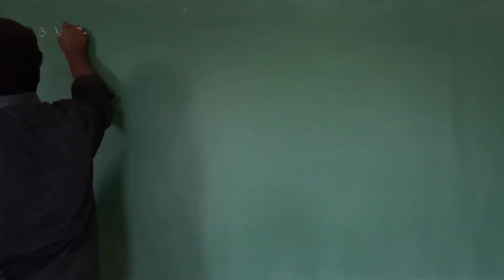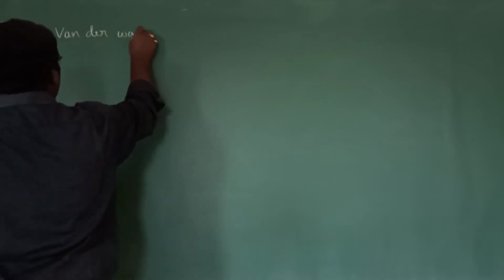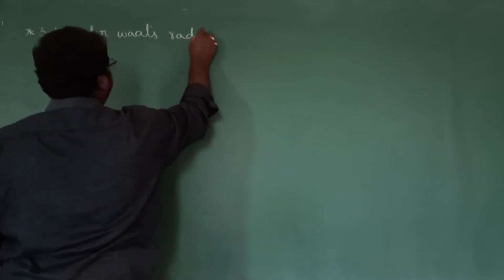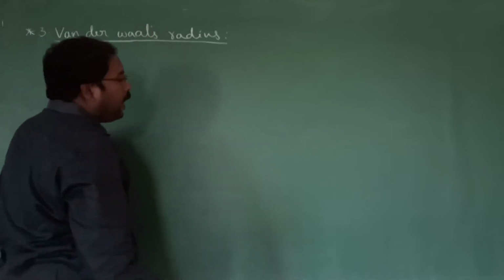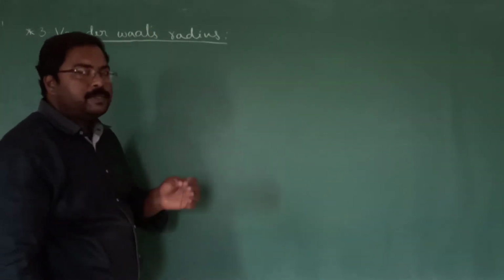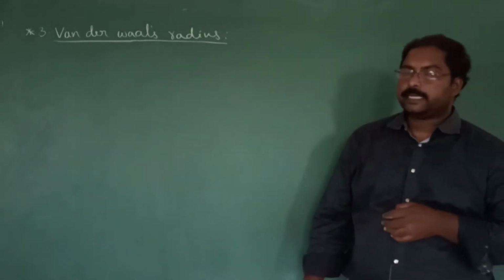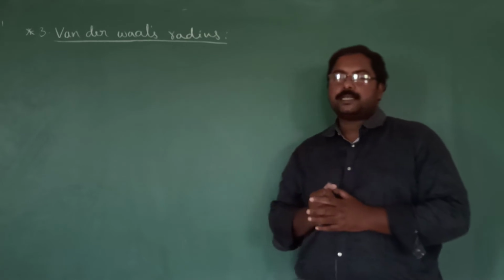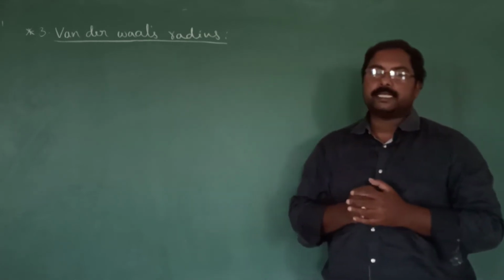Now coming to the third type, van der Waals radius. Van der Waals is the name of the scientist, and we know about van der Waals forces of attraction. Between any type of species, even positive or negative, we know there will be attractions.